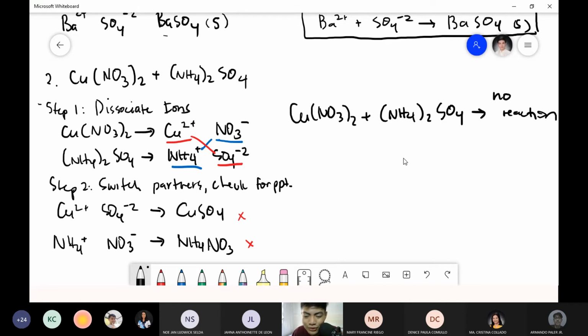So that's why when you mix your suka and toyo, walang namumuo. However, if you mix some chemicals, they form precipitates. Okay? So let me just emphasize one thing sa paligid natin, yung sa Ilog Pasig.